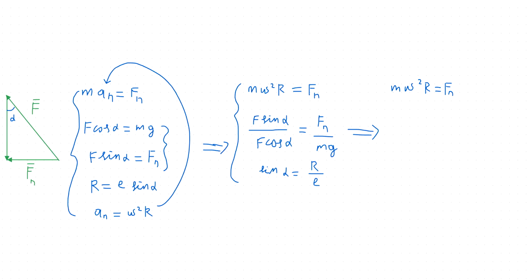F vanishes, so tangent alpha is equal to F n divided by m g. And sine alpha is equal to r divided by L.